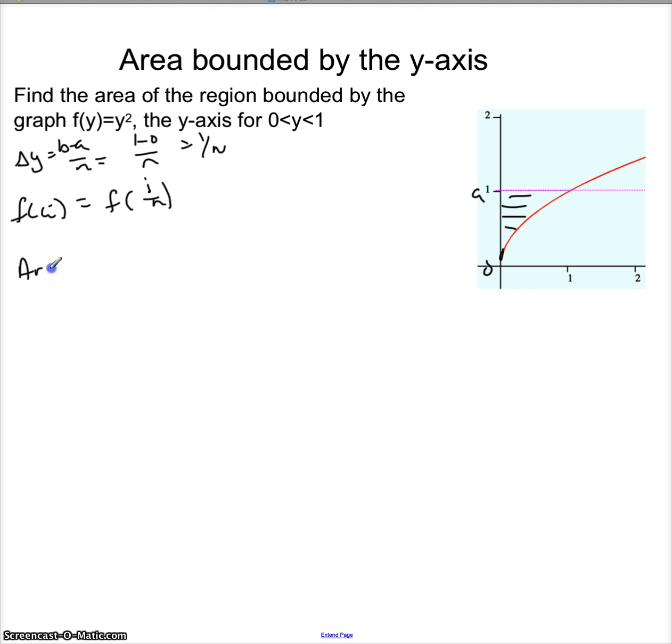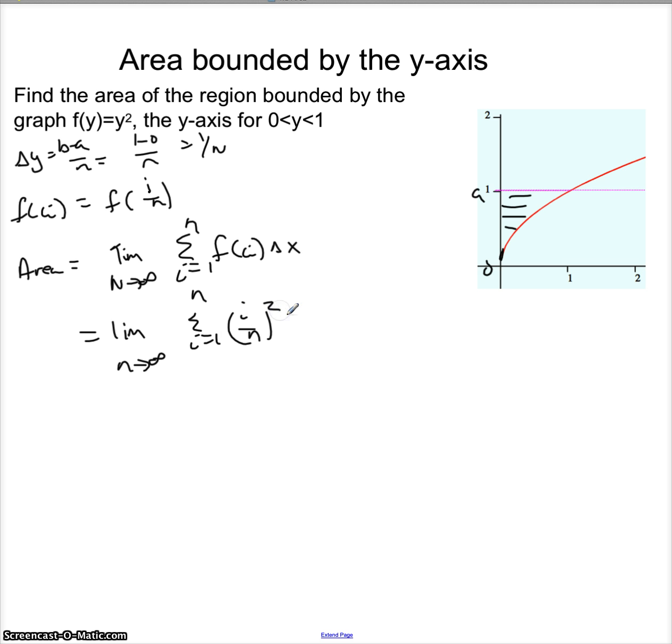So the area is equal to the limit as n approaches infinity of the summation i equals 1 to n of f of c sub i delta y, which is the limit as n approaches infinity of the summation of (i over n) squared times 1 over n.